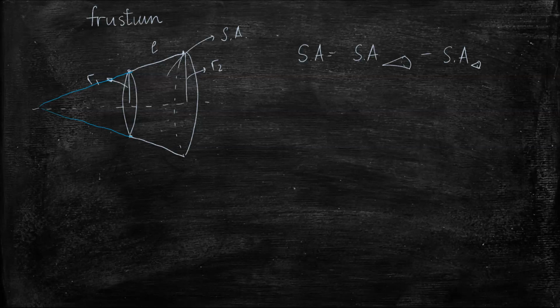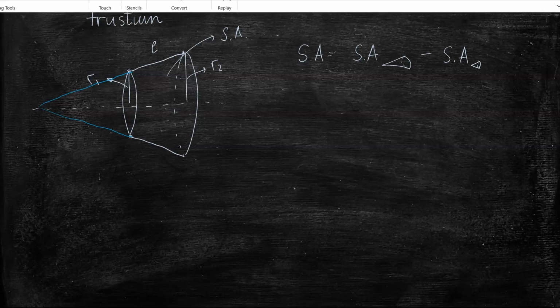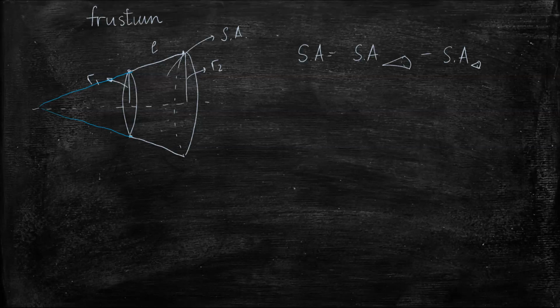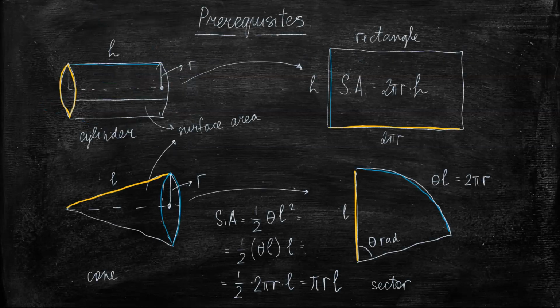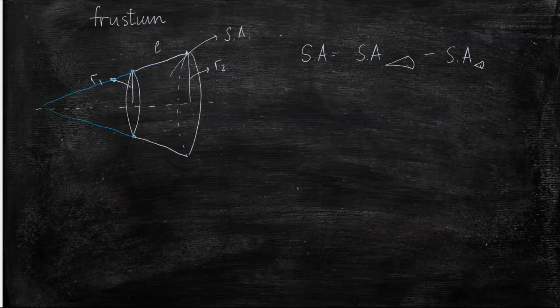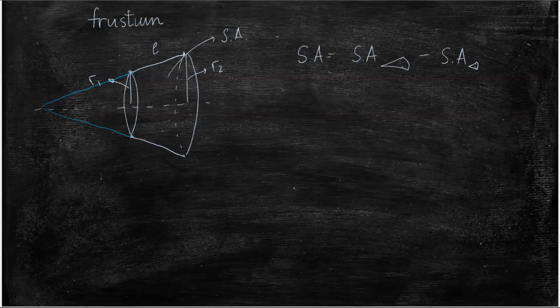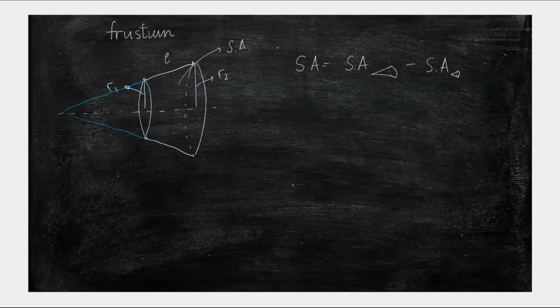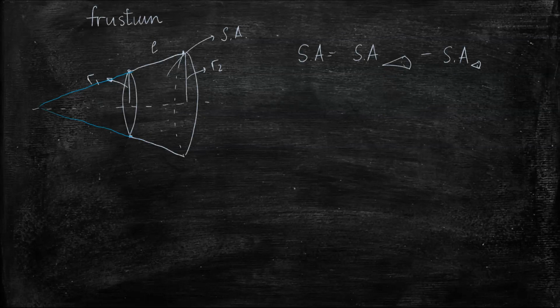And the only thing we need to do now is figure out the surface areas of those cones, and that's actually pretty easy because we have a formula for the surface area of a cone right here. In our case, let's introduce another variable.